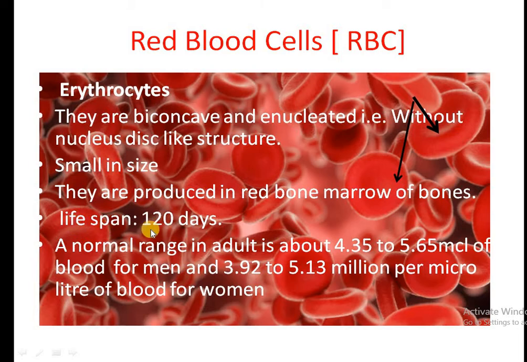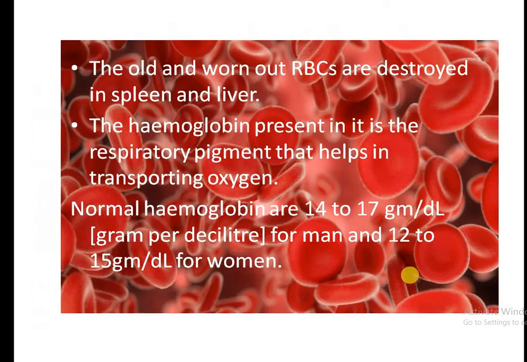The lifespan of RBC is nearly 120 days and the average range in adults is about 4.35 to 5.65 million per microliter of blood for man and 3.92 to 5.13 million per microliter of blood for woman. It may vary in some cases.